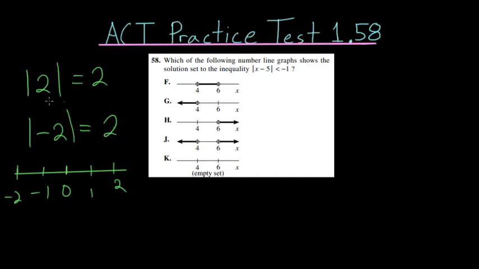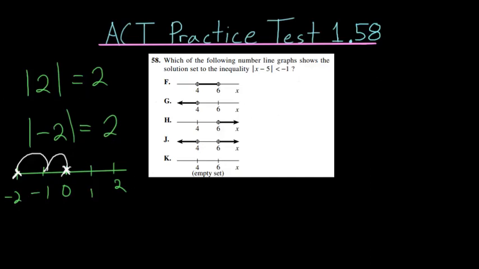So the absolute value of -2 is equal to +2 because -2 is 2 steps away from 0. So we would say it has an absolute value of 2. The key takeaway is that anything that comes out of absolute value bars has to be positive.